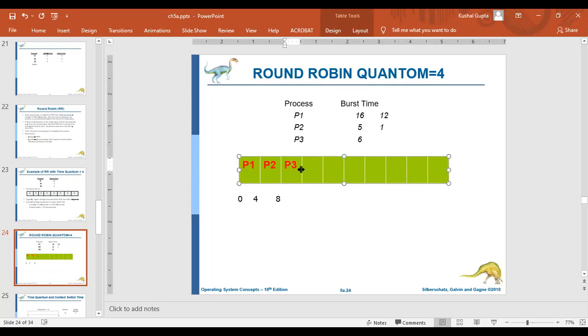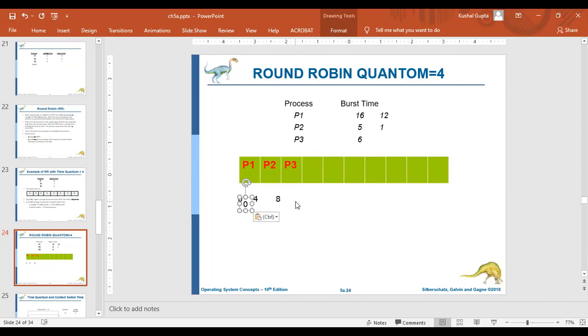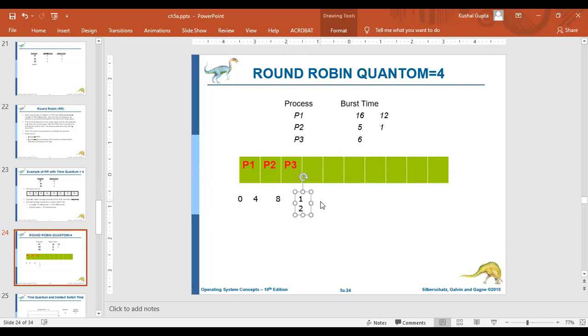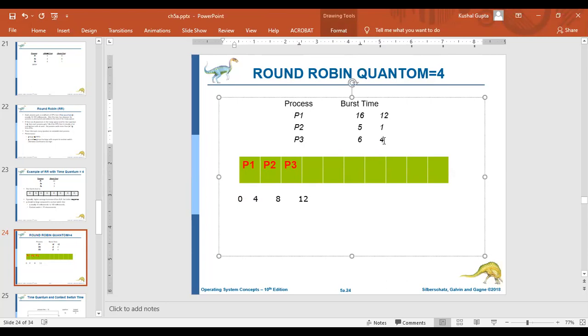P3. Till what time P3 will be executing? Can anyone tell me? 12. P3 is executing till 12 because it cannot run more than 4 units of time. So now it is remaining 2. It has already executed 4.